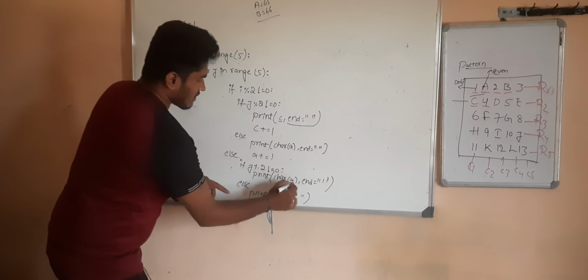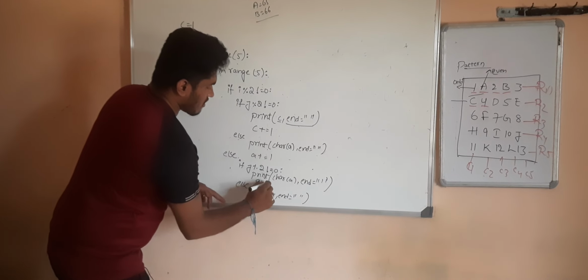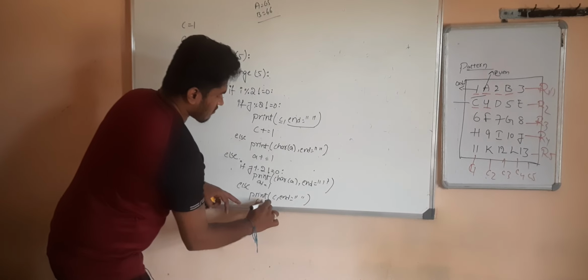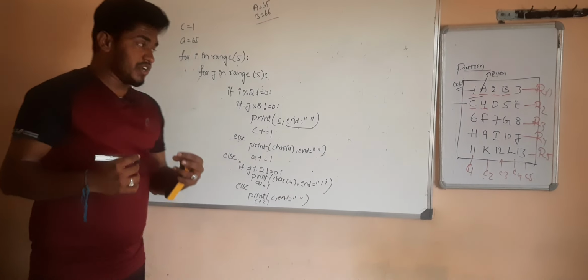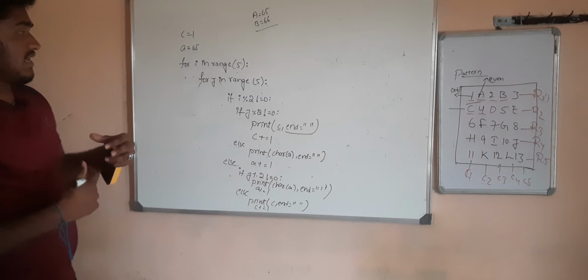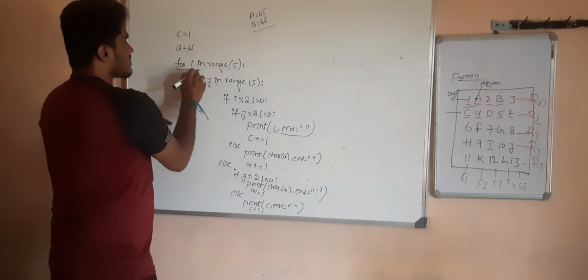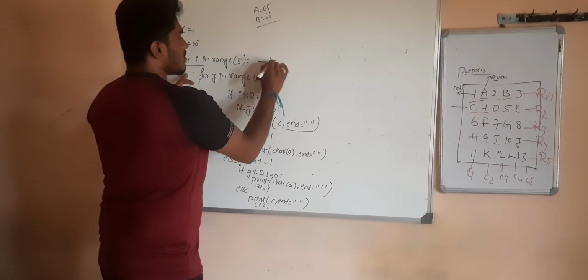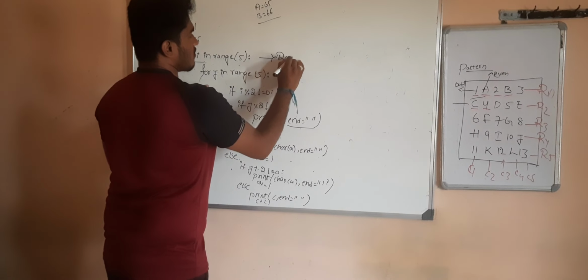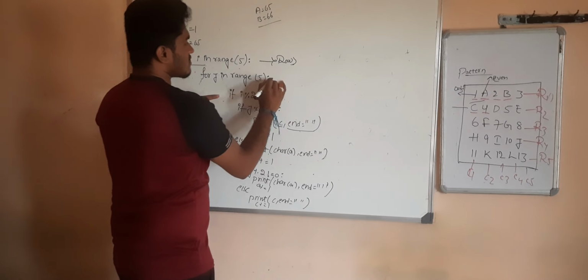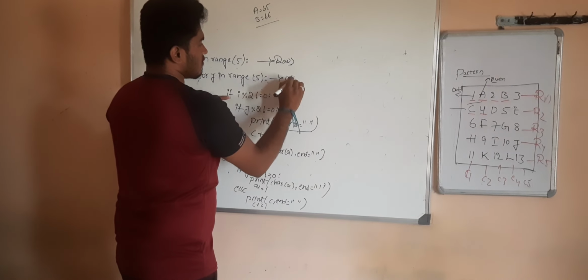So for that, A plus equals to 1 and C plus equals to 1. So you just try to execute it, it will definitely print the exact value. So for this, the first for indicates the rows, okay, and this second for indicates the columns.